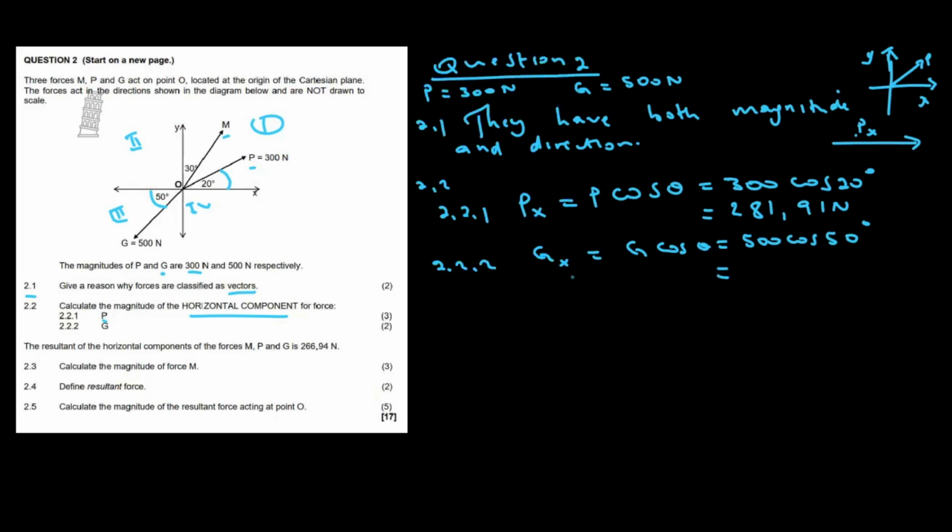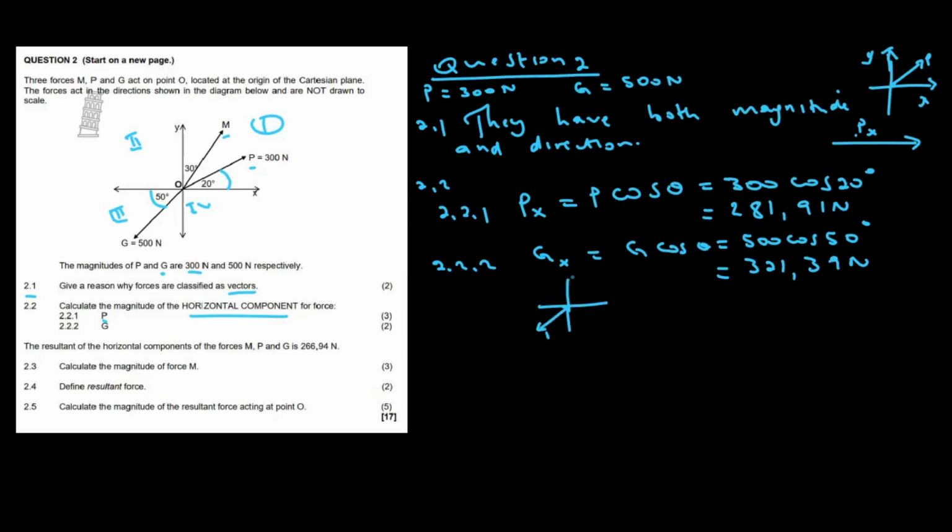So this is 321.39 newtons. Now, about the direction. It is not necessary for me to write it because they want the magnitude, but of course, I'm interested in showing you how to write the direction. G is in the third quadrant, like this.